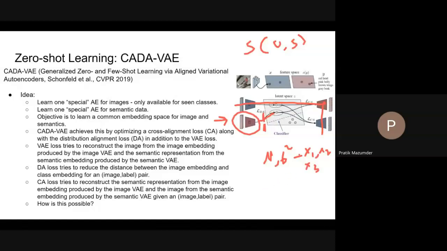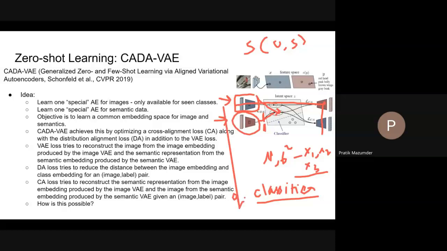Say I generate 100 vectors for each class, and I now train a classifier. Once we have a classifier, given any test image, I will not utilize this part for learning the classifier, but I can utilize this part for getting the representation in the same space. I pass that representation into my classifier and get an output.